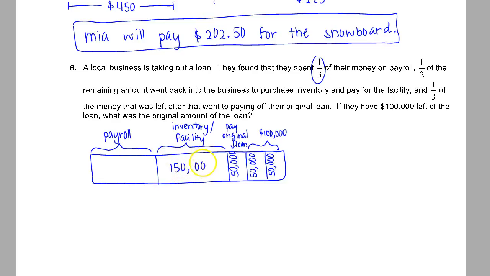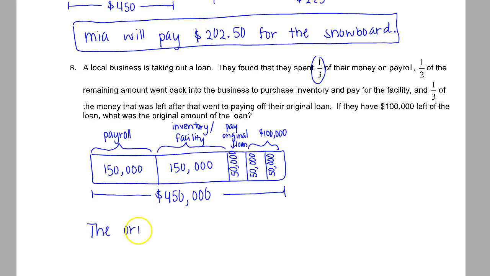So I know that this is $150,000, and I know that this is $150,000 as well. And now I can see if I add up all of them, I have a total of $450,000 for the entire model, which was the original amount of the loan.